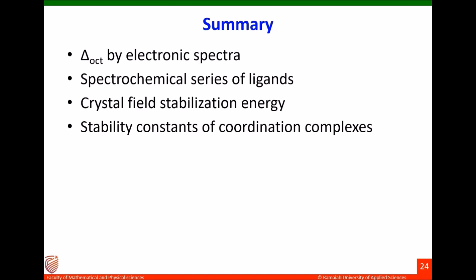Then we studied the stability constant of coordination complexes, and we derived an equation for the overall stability constant beta 6, and the relationship between the stepwise stability constants and the overall stability constant.